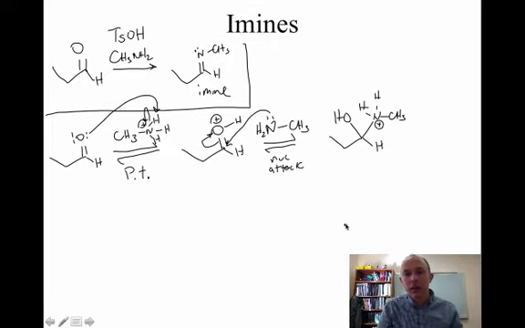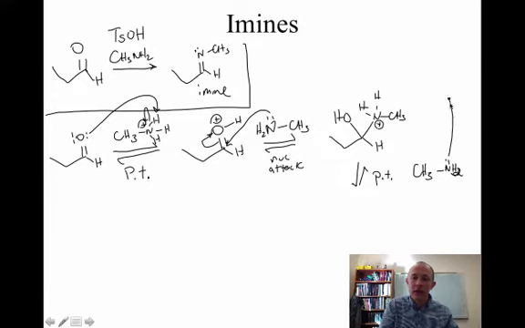And then, just like in the previous video, we need a proton transfer step to make this molecule neutral. And again, our methylamine will be our base, so we'll accept one of those protons.